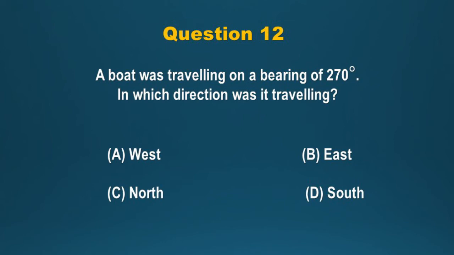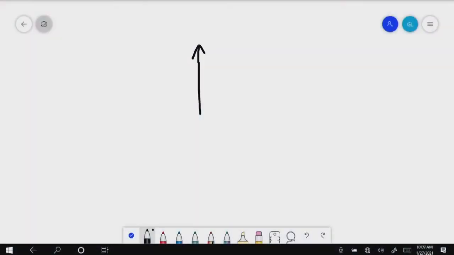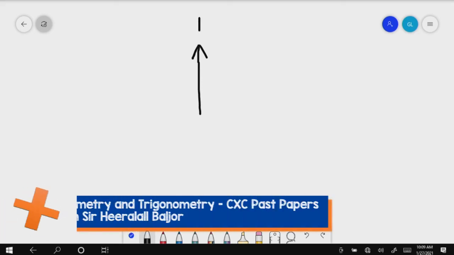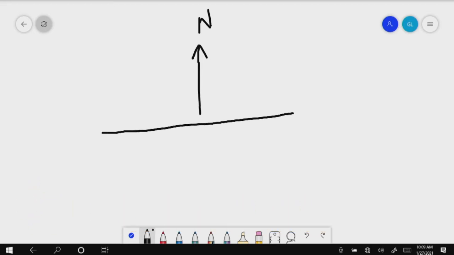We have to understand, to start somewhere, we need a reference point. And in bearing, the reference point is the true north position. And when we are measuring bearing, it goes from true north in a clockwise direction.